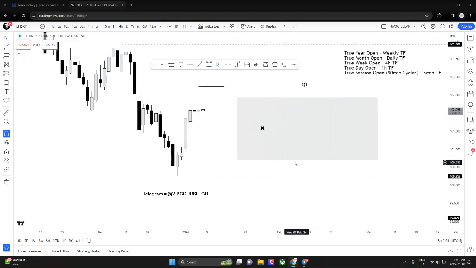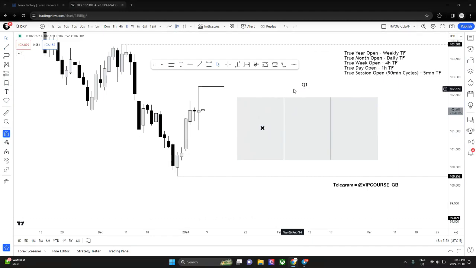Q1 can be split into thirds, right? There are 3 thirds in Q1. Omit the first third. So you don't want to be trading, you don't want to be focusing on price at all until the second third of the first quarter begins. Hopefully I'm being clear right now.